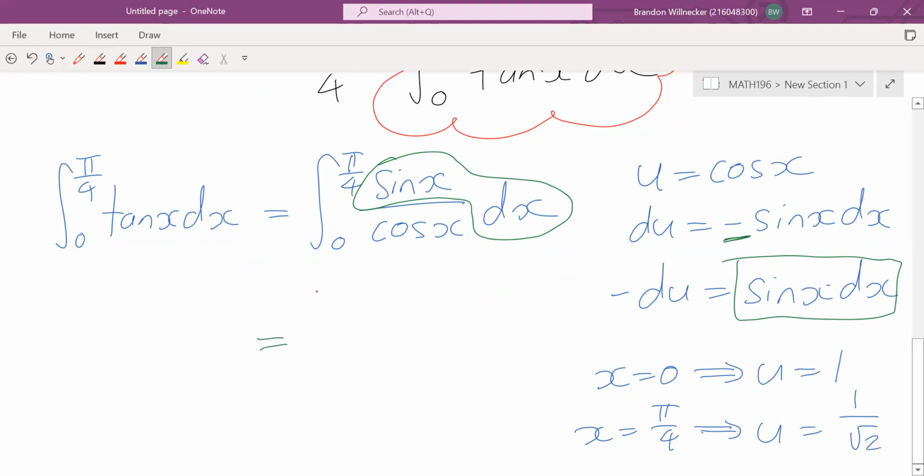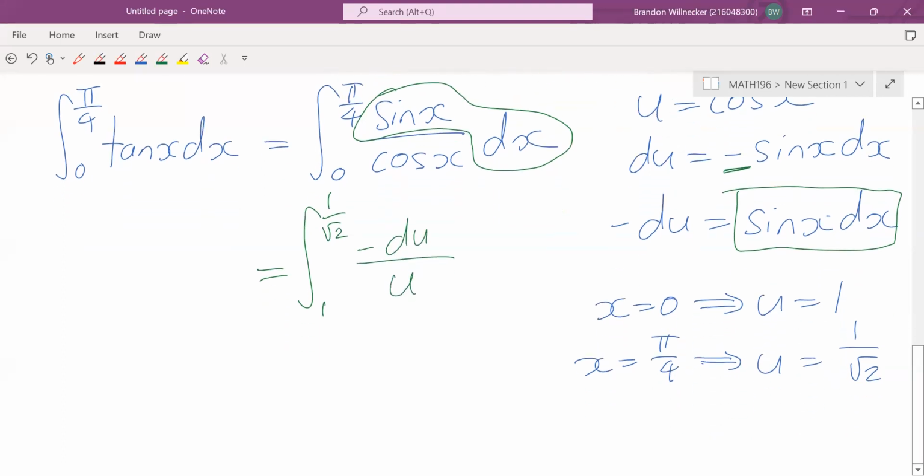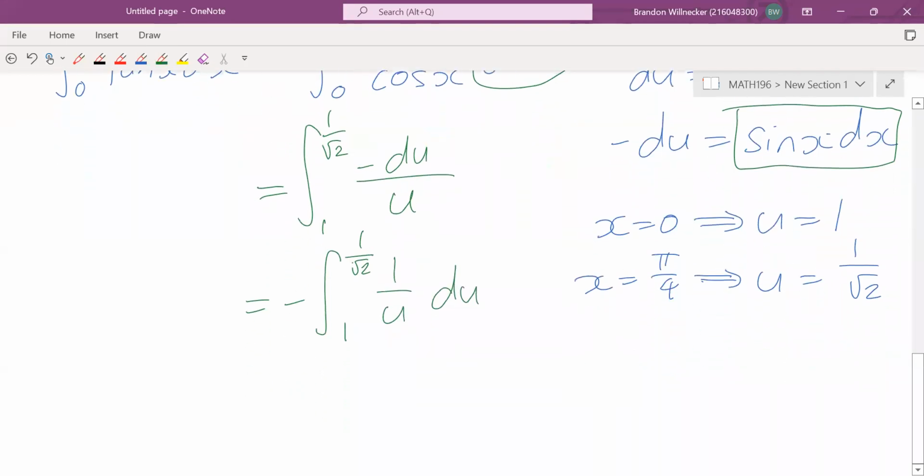So after the u substitution, we have the integral from 1 to 1 over root 2. Sine x dx is minus du, and cos of x is just u. So we have minus the integral from 1 to 1 over root 2 of 1 over u du.